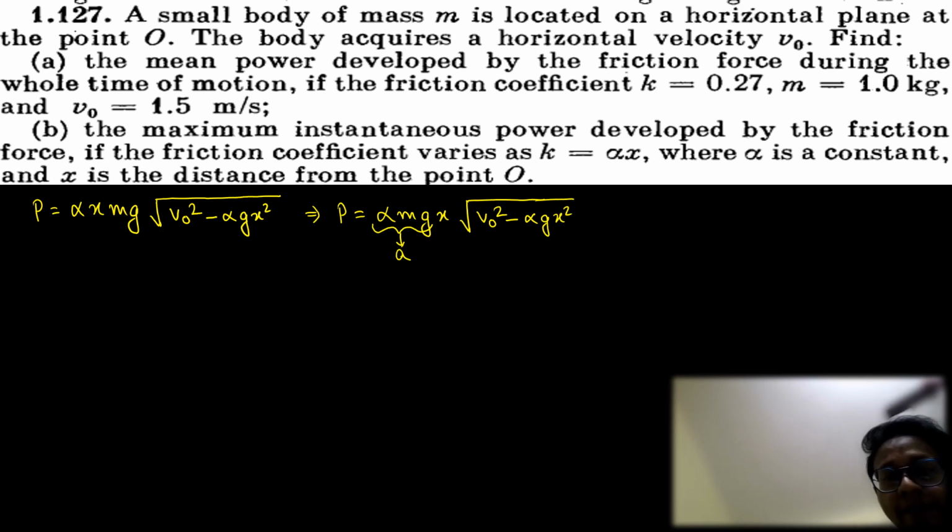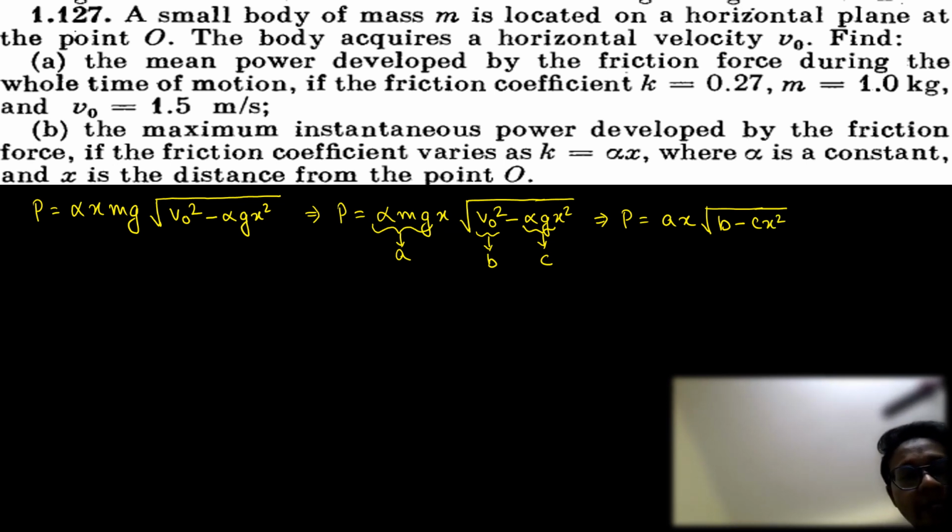Let this be a, let this be b, and let this be c. So I can rewrite my power as a x under root of b minus c x square.